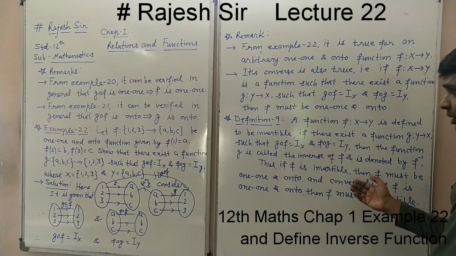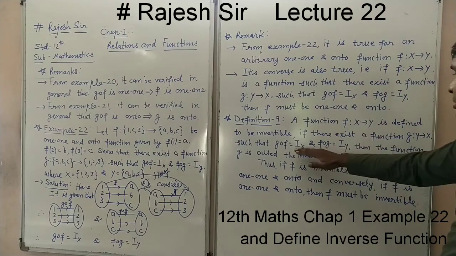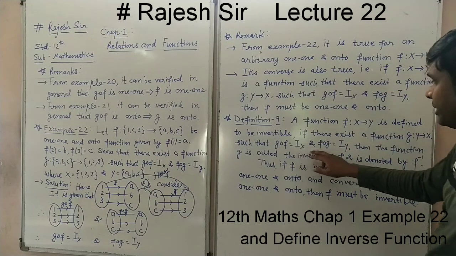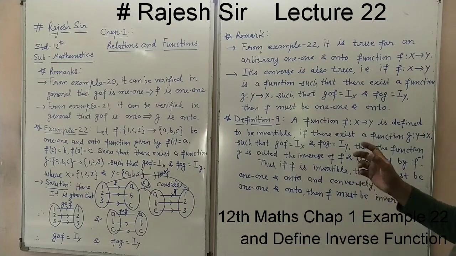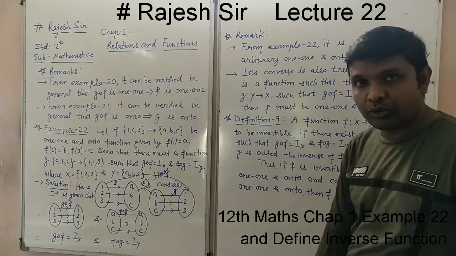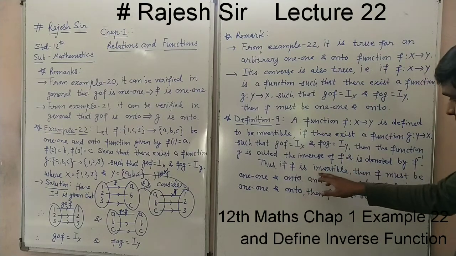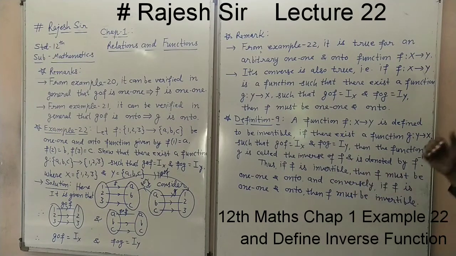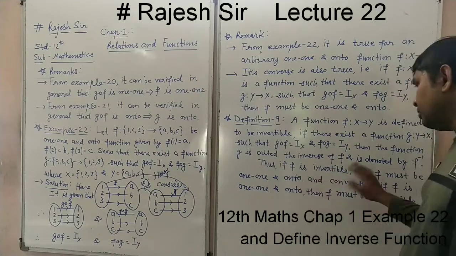And in this discussion we have seen that if this much is happening, like f is x to y, g is y to x, GOF is Ix and FOG is Iy, it is possible only if f is 1-1 and onto. So that is added here, that f is invertible. If f is invertible, what does that mean? That f must be 1-1 and onto. And its reverse also.